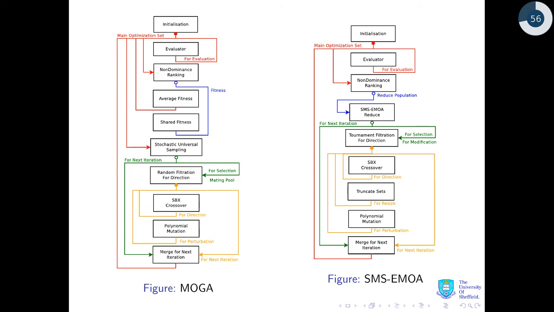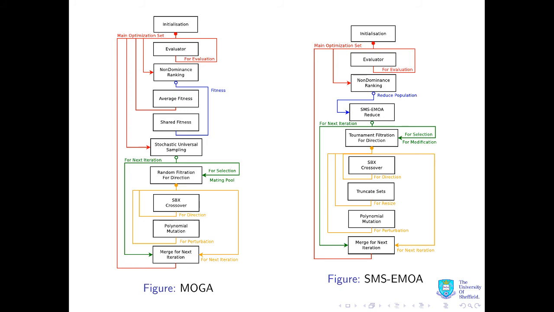So looking now into different algorithms. On the left again we have MOGA. I'm just comparing it with SMS-MOA, which is on the right. They are both using dominance ranking, and the main difference here is that SMS-MOA has its own specific operator called SMS-MOA reduce. SMS-MOA reduce will calculate the hypervolume, and then it will use this as a criterion to see if a solution can go into the population or not.